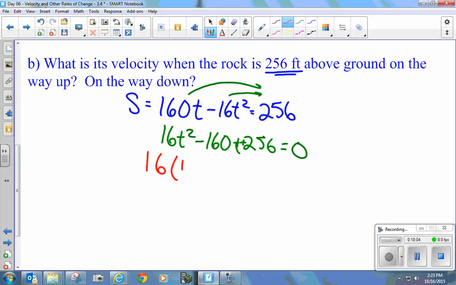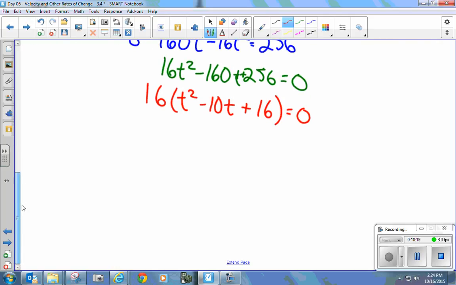What does that leave me with? t squared minus 10t. How many times is 16 over 256? 16 plus 16 equals 0. Because now I can factor. What are two numbers that multiply to be a positive 16 that add to a negative 10?